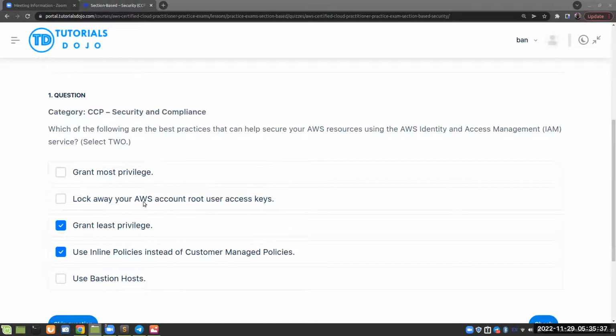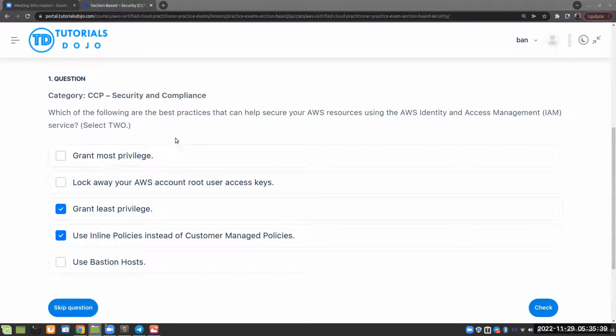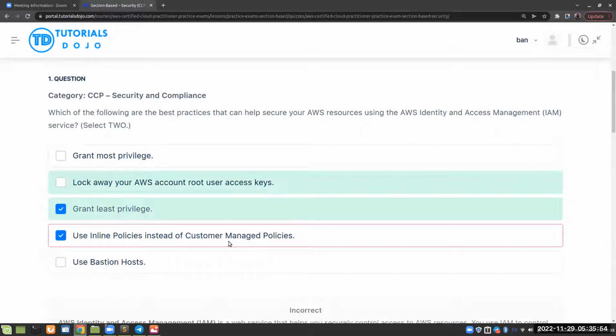Since no one has a different view from you, I'll just leave it for now and let's check and see. But you should make sure that you know the difference between inline policies and customer managed policies when answering this. See, that's not correct. And that has to do with what an inline policy is.